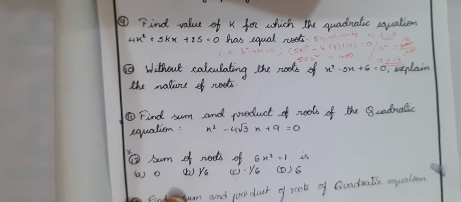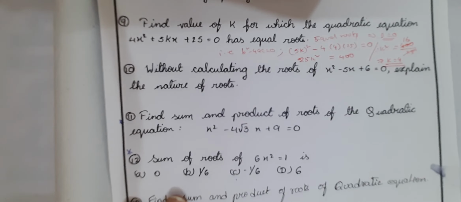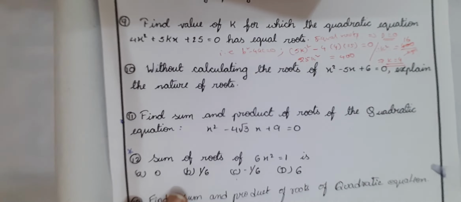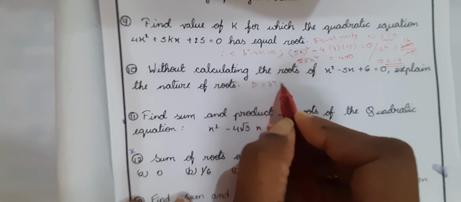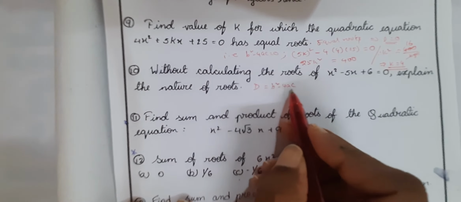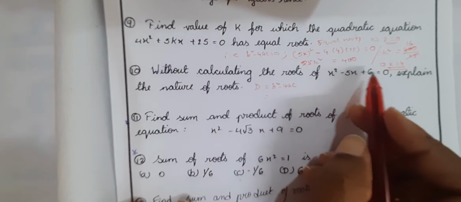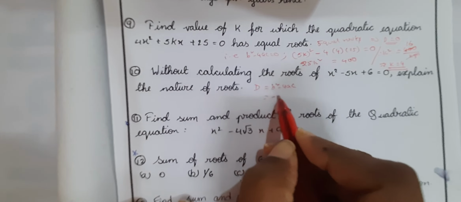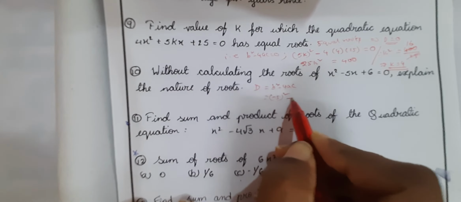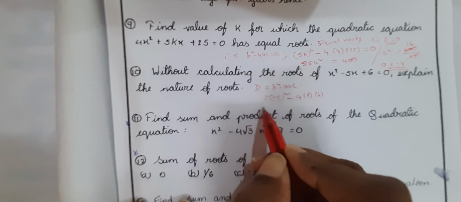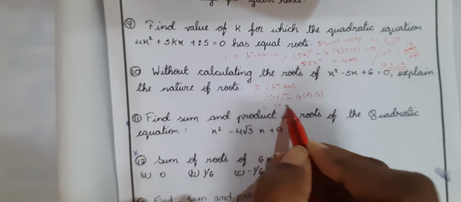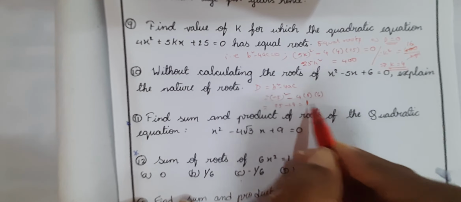Next one. Without calculating the roots of x square minus 5x plus 6 is equal to 0, explain the nature of the roots. How do we find the nature of the roots? By finding the discriminant. So let us find out the discriminant. See, always you need to write the formula. Don't forget that one. Minus 5 whole square minus 4 into a, which is 1, into c, which is 6. So that is 25 minus 24, which is equal to 1.